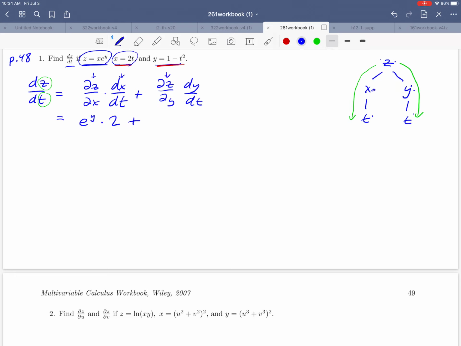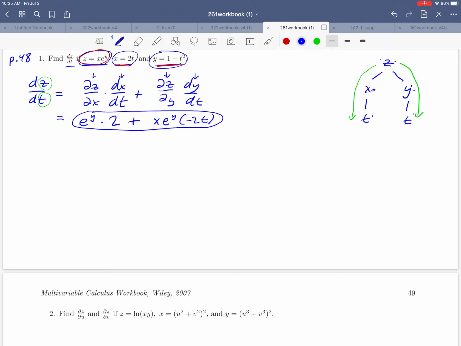Continuing over, partial z partial y takes us back to the original function. When we take the derivative with respect to y, x comes along for the ride, and the derivative of e to the y is still e to the y. Then we multiply by dy/dt, and the derivative of y with respect to t is just minus 2t. That would qualify as an answer.